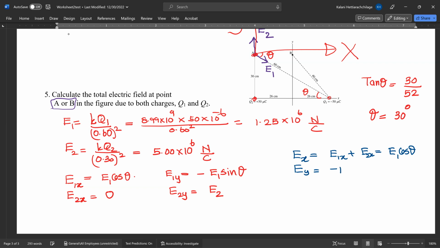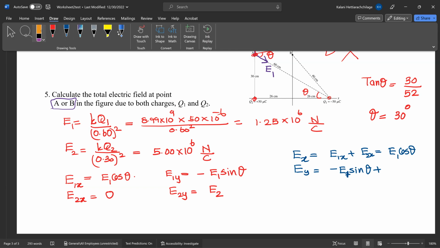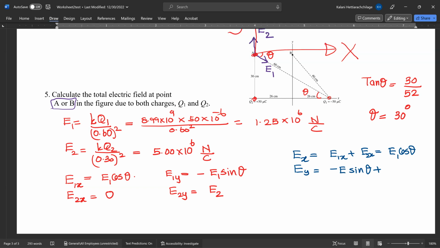I'm directly going to write it here: negative E1 sine of theta plus E2, right? So now you can calculate if you have values, we can plug them in there. I have the values.